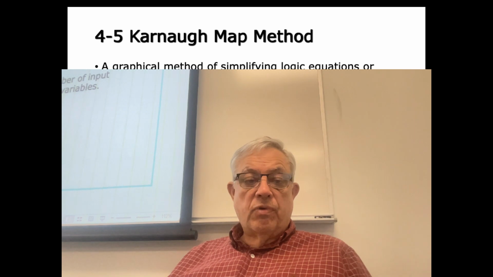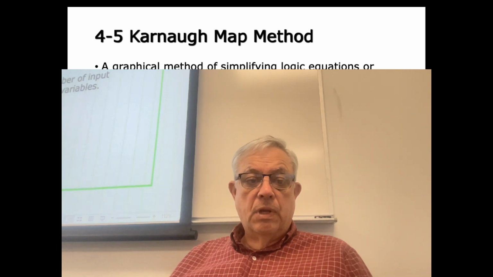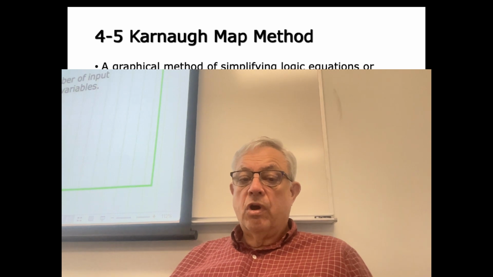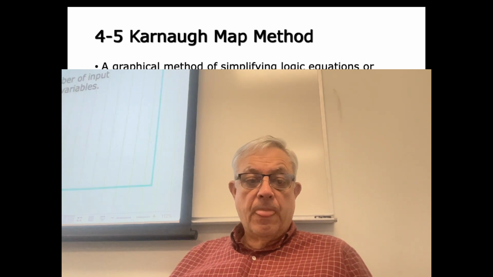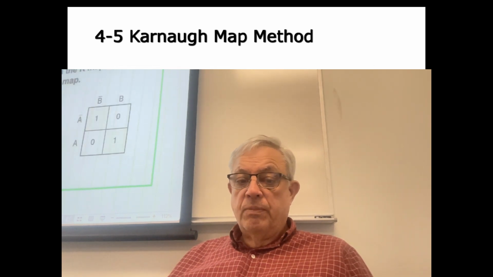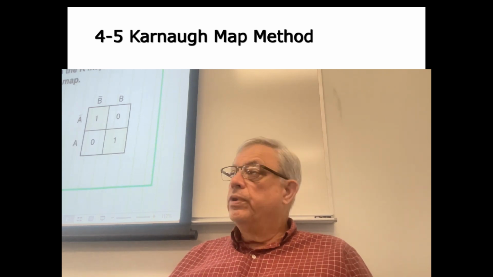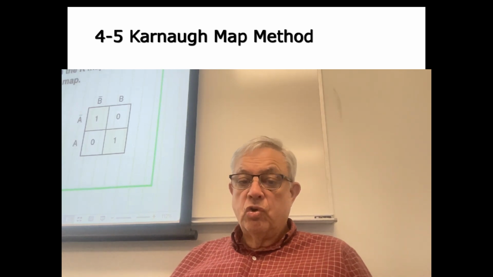But the sum of products works very nicely with what's called a Karnaugh map or K-map. We spent a good bit of time looking at K-maps this semester because they help you simplify a circuit so quickly.